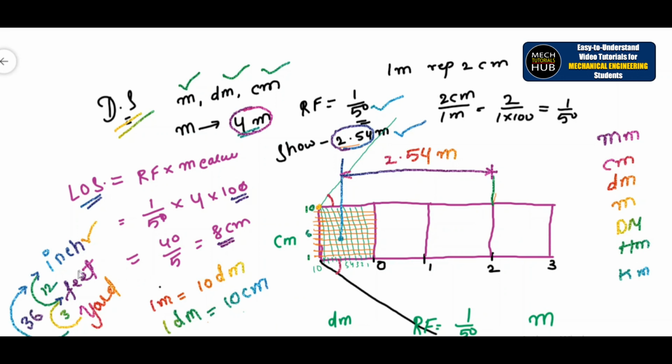This calculation you can remember, but if the question is based on inch, feet or yard, then we need to convert these feet or yards into inches, then problem solving becomes easy. You can easily develop the scale. That discussion we'll have in another session.